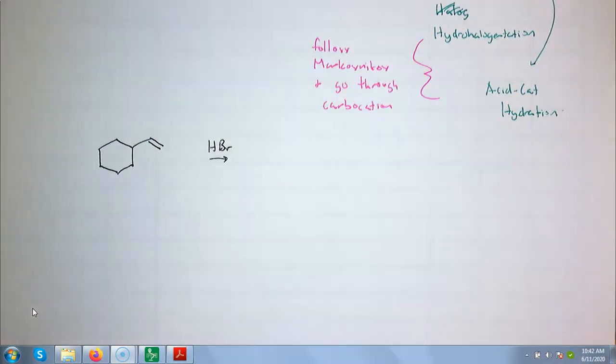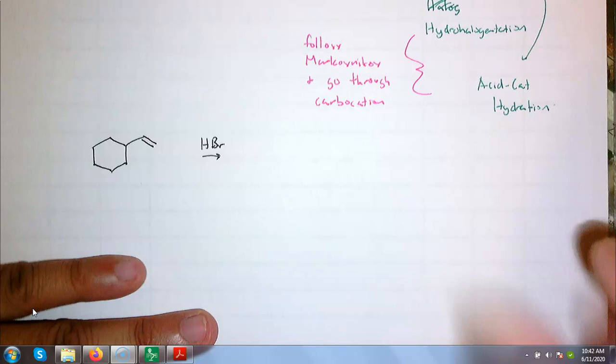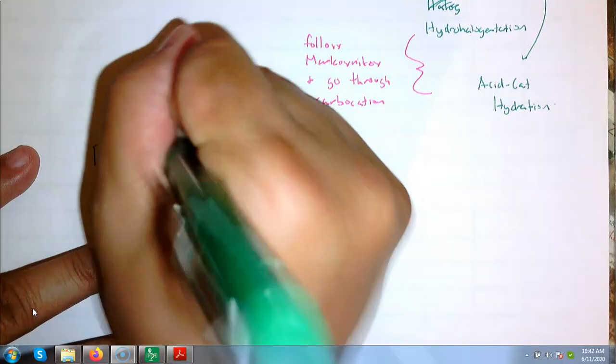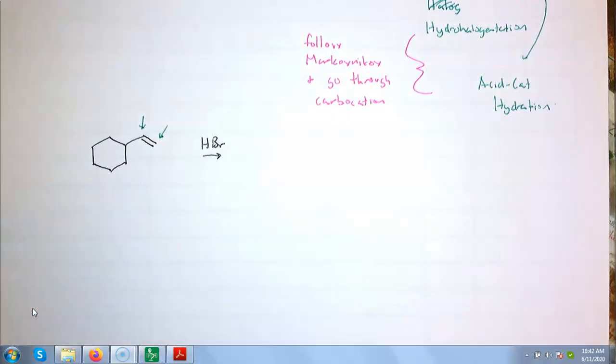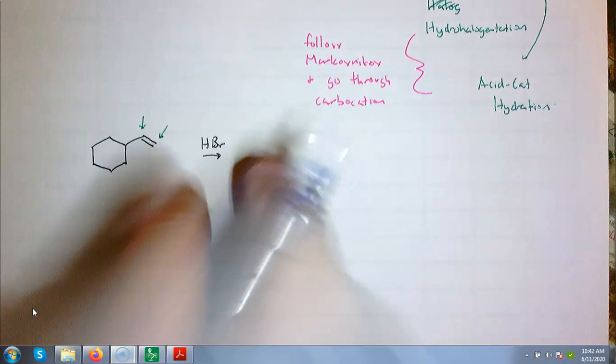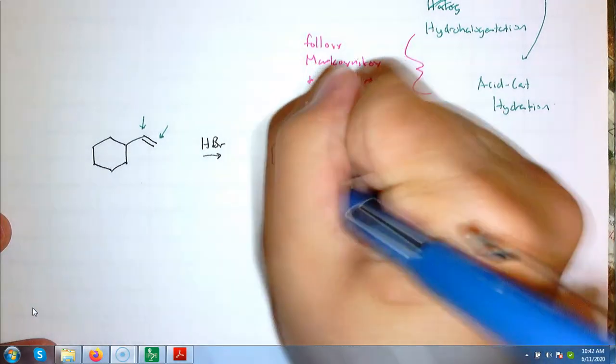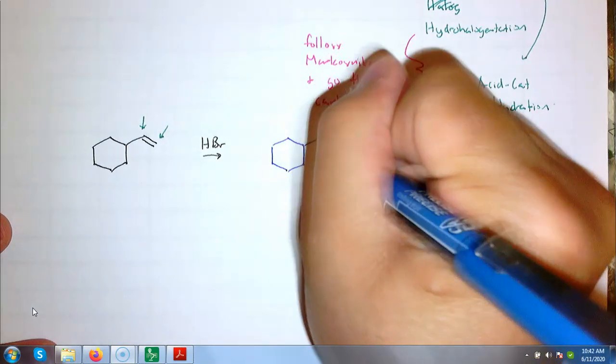Let me draw you the answer. Let me draw what, as a student, I would have done. I'm marking the 2 carbons that should get something. Remember, both carbons get something, except in this case, because the product is this. And it's going to look very strange.